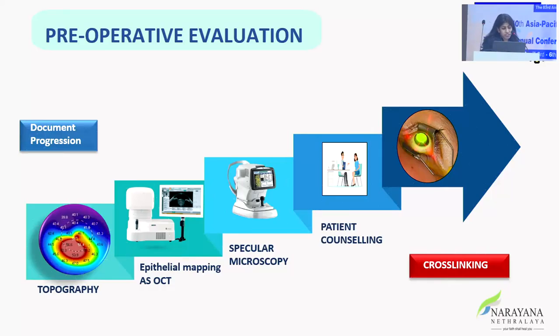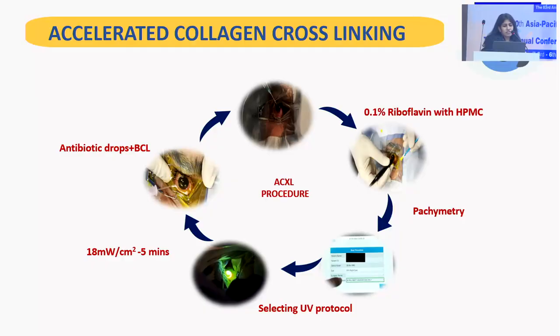Coming to the pre-op evaluation, progression was documented using serial topographies. Epithelial mapping was done for individual epithelial and stromal thickness, and specular microscopy for endothelial count, followed by patient counseling and subjecting the patient to collagen cross-linking.